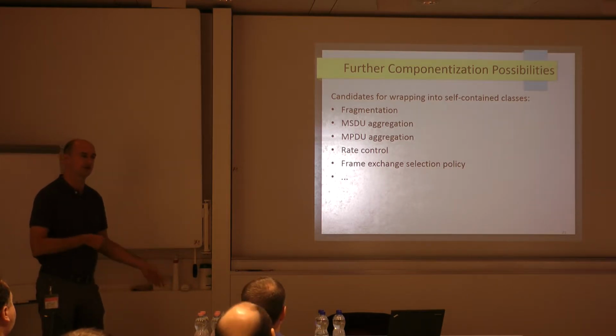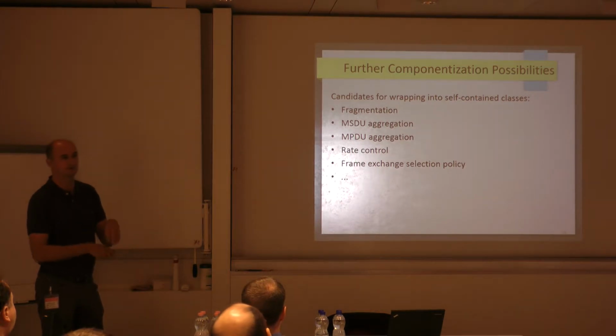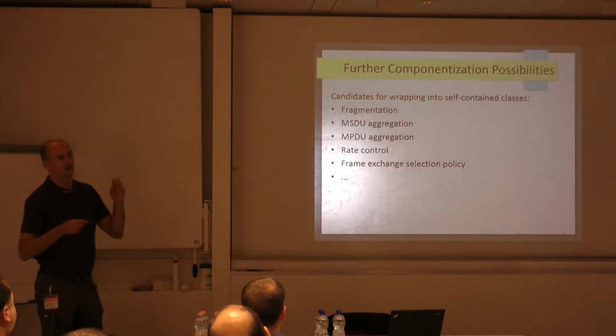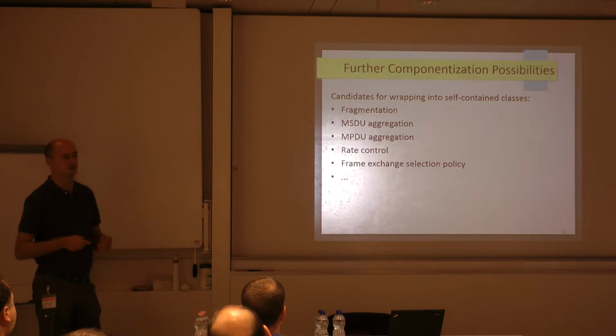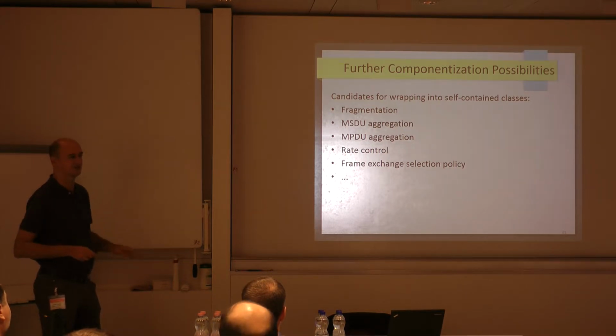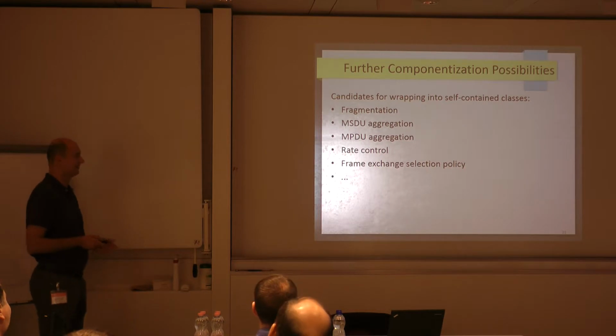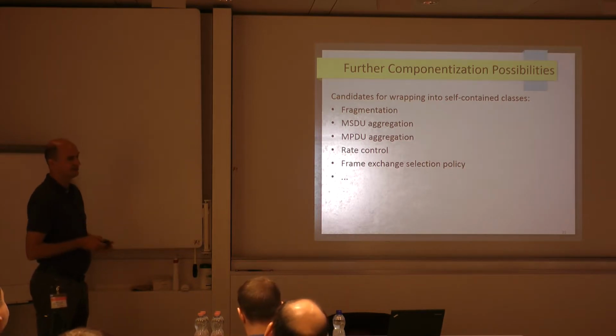You can use block acknowledgement, not use block acknowledgement, and several variations on this. When to send a block acknowledgement request, when not to send it, just countless. And it's all up to policy.